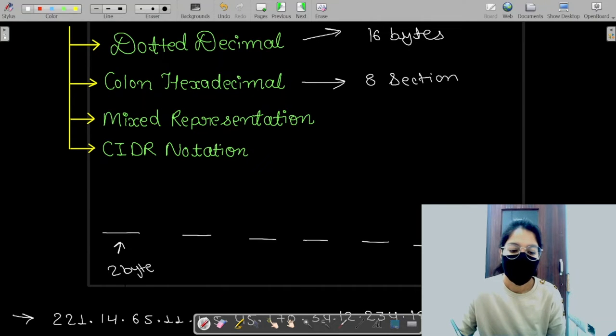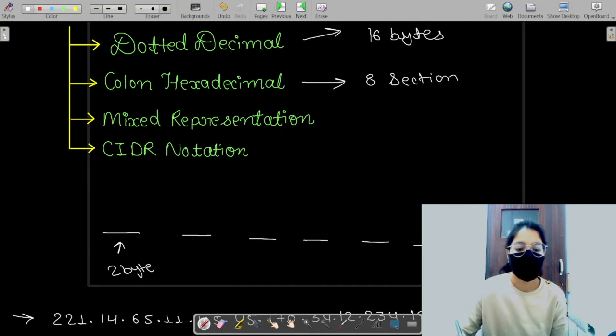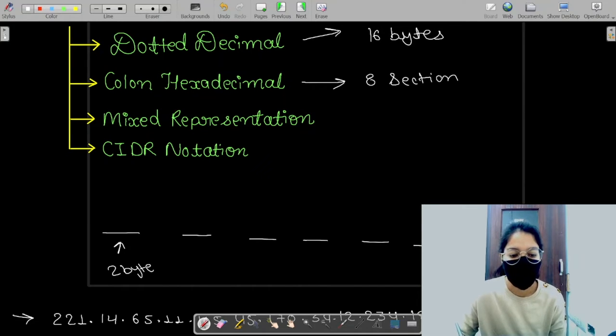The first thing is we are dividing into 8 sections. The second thing is each section has 2 bytes, and the third thing is each section has 4 hexadecimal digits. Okay, and each section is 16 bits. Let's see one example.